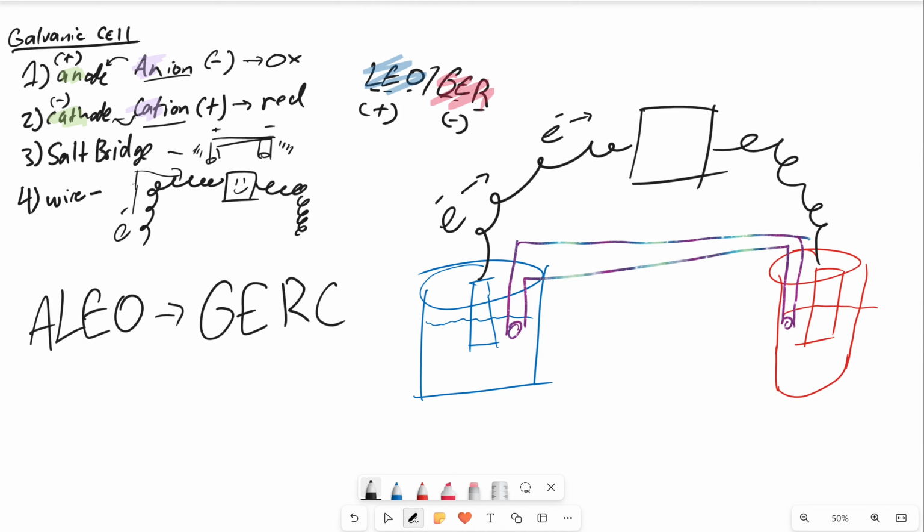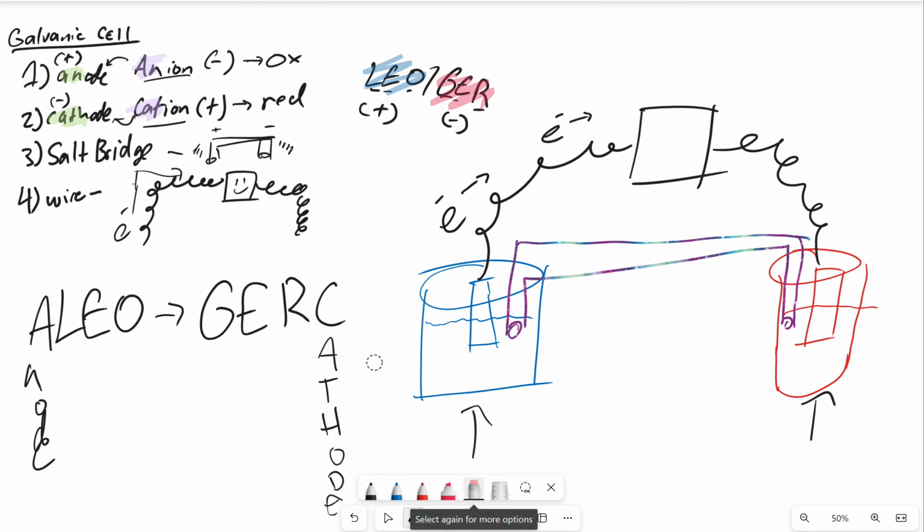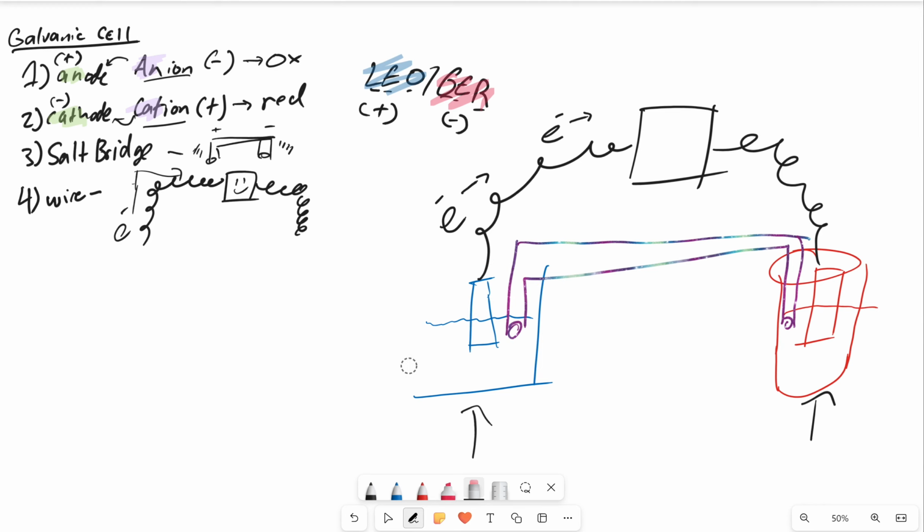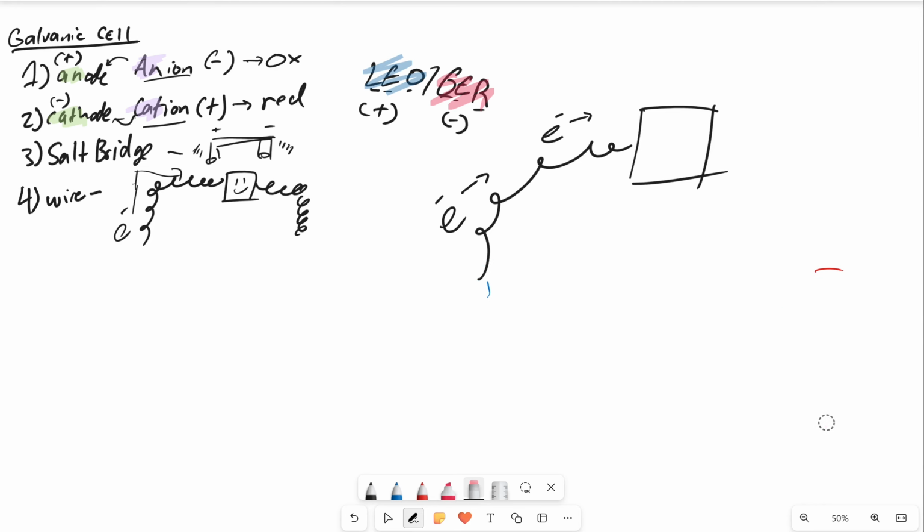I came up with this mnemonic just by sticking anode and cathode on either end of the spectrum, just to remind myself that the anode will almost always go on the left and the cathode will almost always be on the right. However you want to do it, it's fine. Just remember it. That's the only important part.